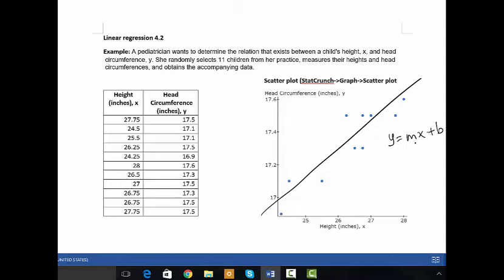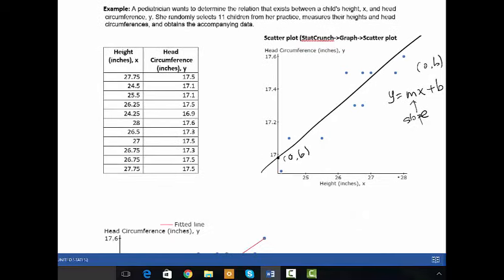This is the function for a straight line. M is the slope, and b is the y-intercept, which is the point (0, b).